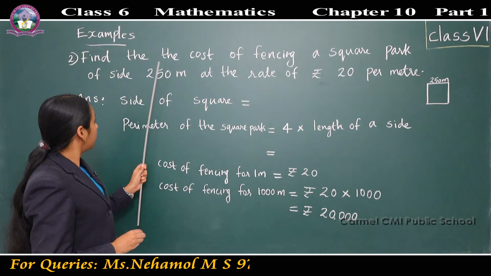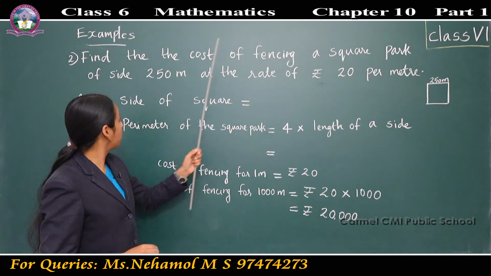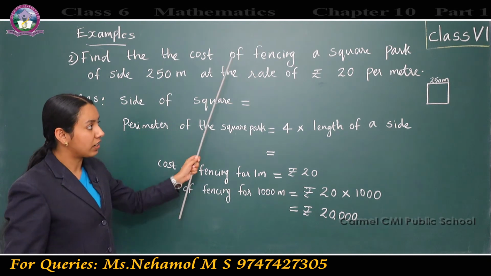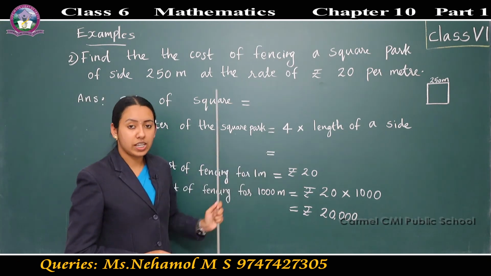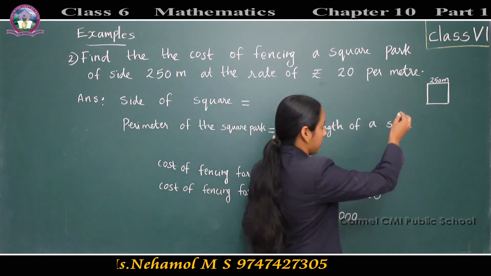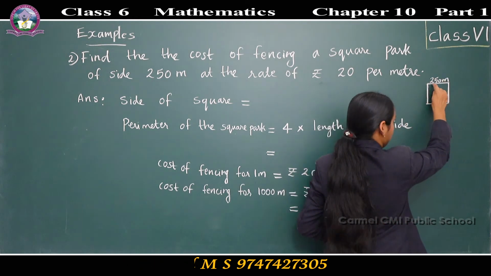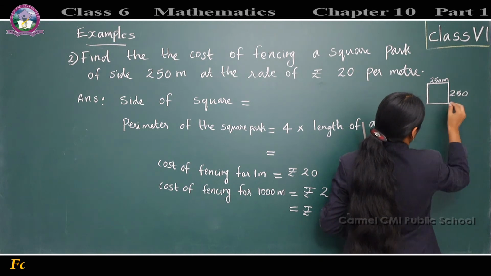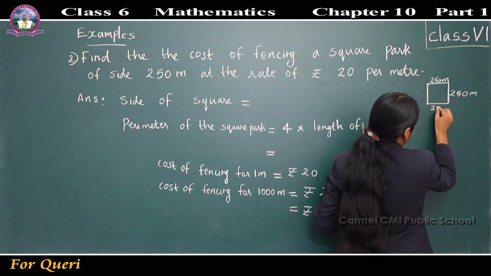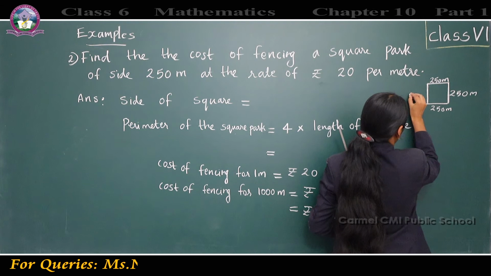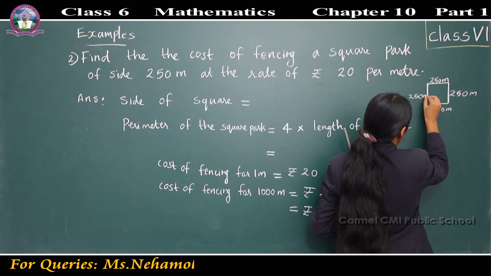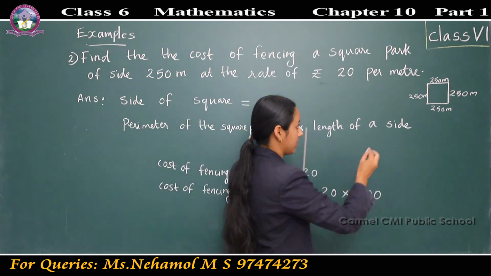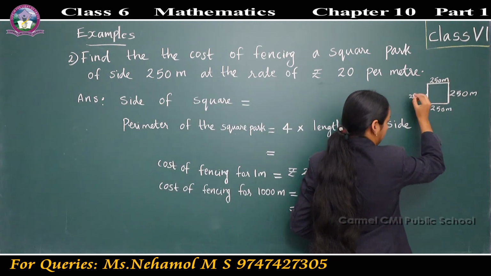Suppose this is the square park. 250 meter side is given, so this is also 250 meter, this is also 250, this is also 250 meter.